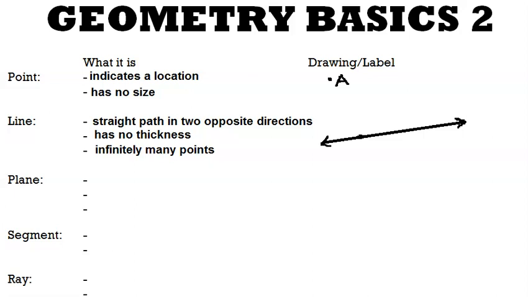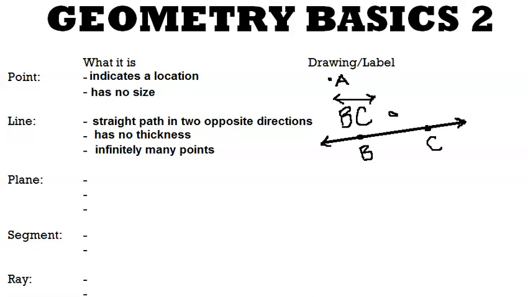Now, when we are naming a line, we find a couple of points that are on the line. So this time I'll use B and C just because I can. And when we name it, we're going to name the line BC.